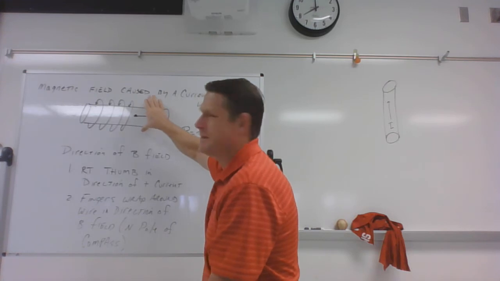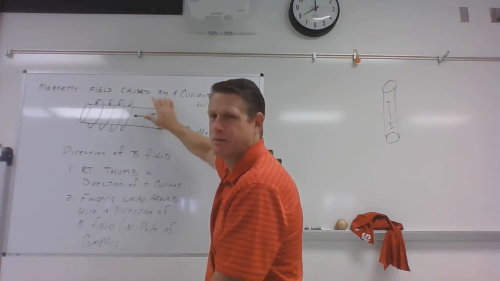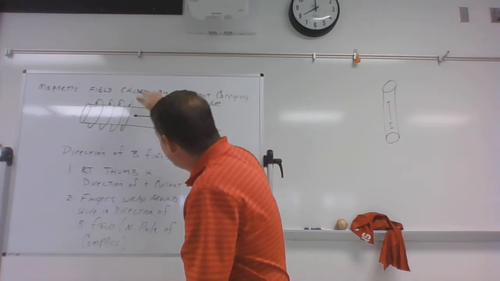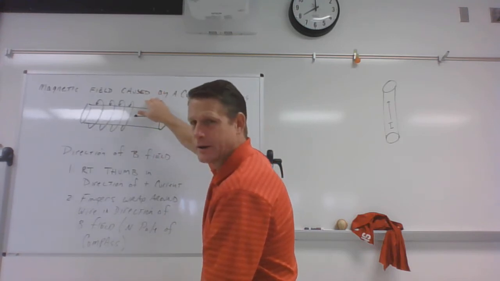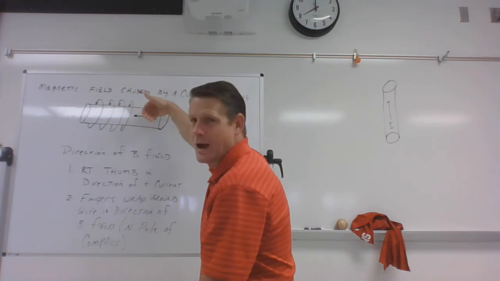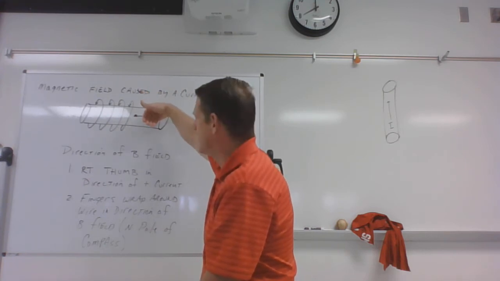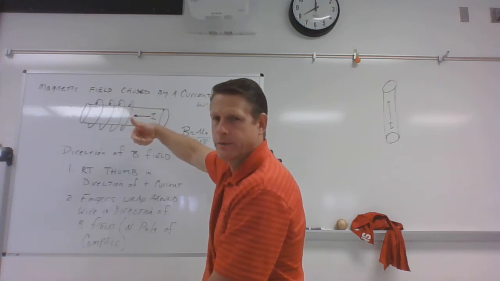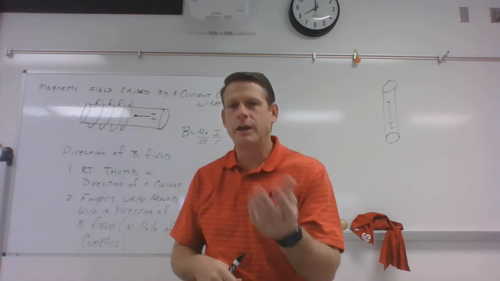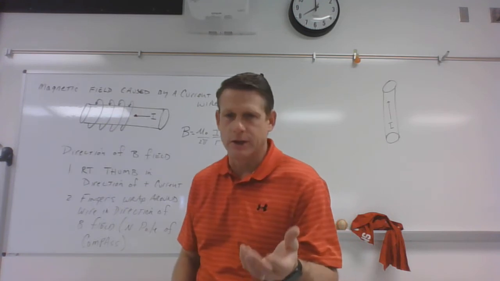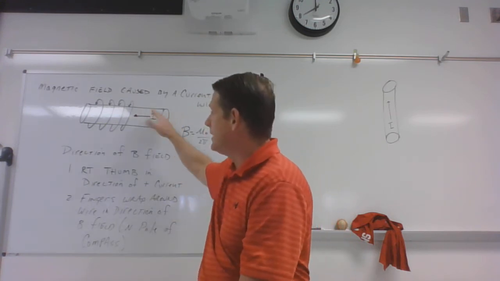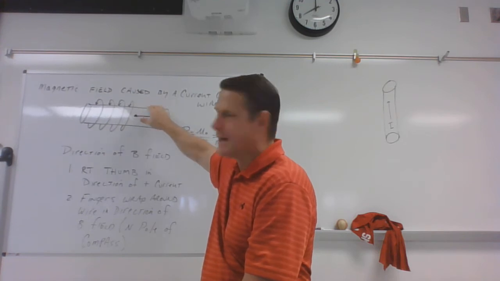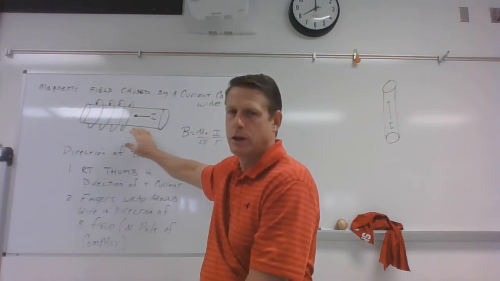Well, the only way to get my hand around this two-dimensional wire that's written on the board is if I went into the board above the wire, wrapped my hand around this wire behind the board, and then came out of the board below the wire. So the nomenclature says that this field is into the page or board above the wire and out of the page below the wire.